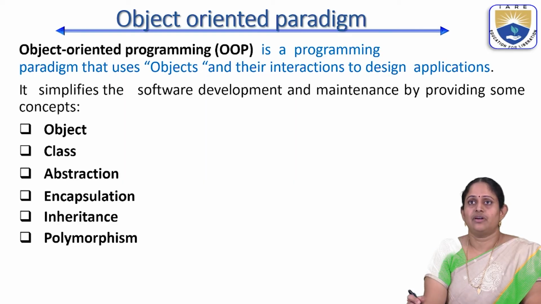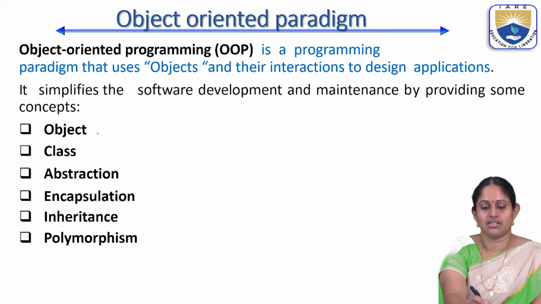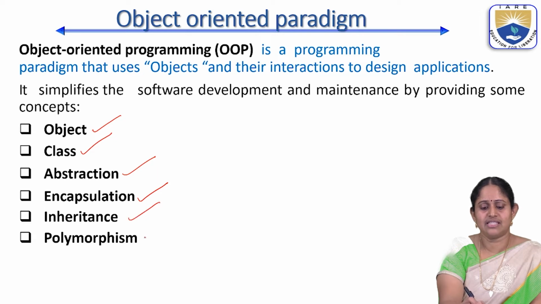Now let's dive into the object-oriented paradigm. As we have discussed, object-oriented programming languages will always use classes and objects for their working. These are the various features of object-oriented programming: abstraction, encapsulation, inheritance, and polymorphism.